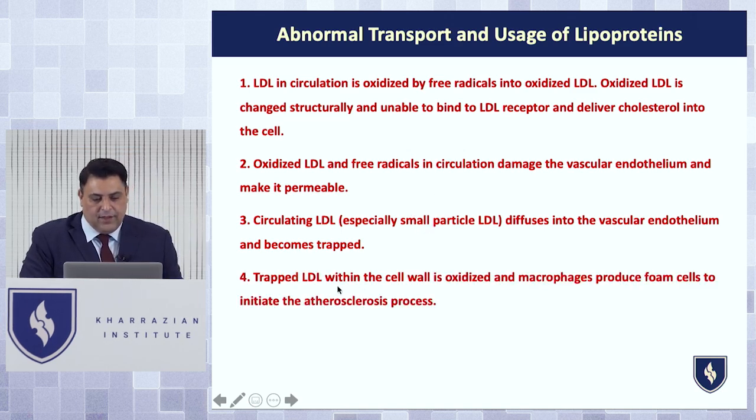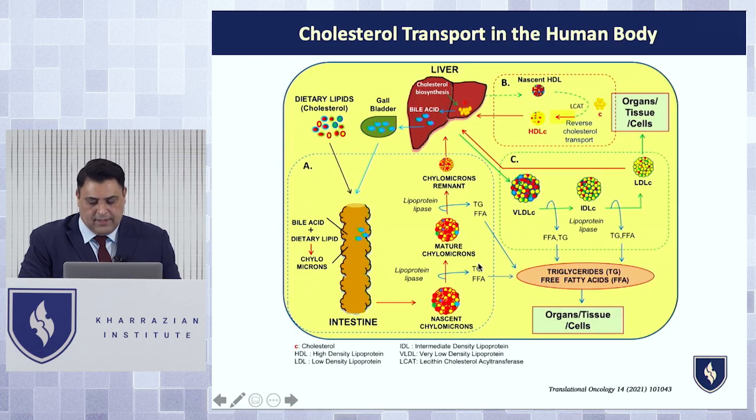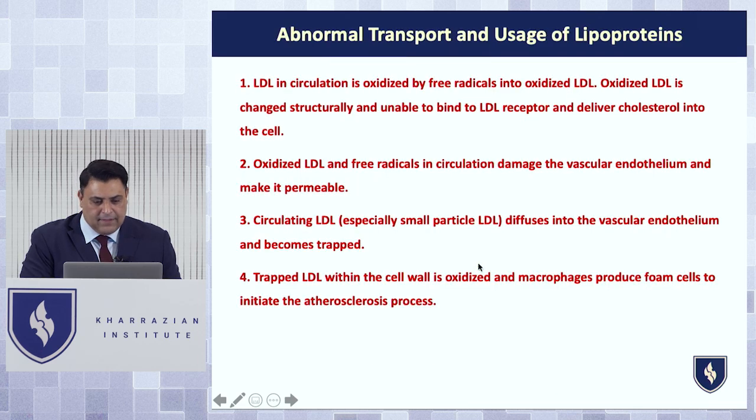Trapped LDL within the wall is now oxidized, and macrophages produce foam cells to initiate the atherosclerotic process. Once LDL gets trapped, especially small particles within the vascular wall, there's inflammation there, so they get oxidized as well. And that's the pathological process.